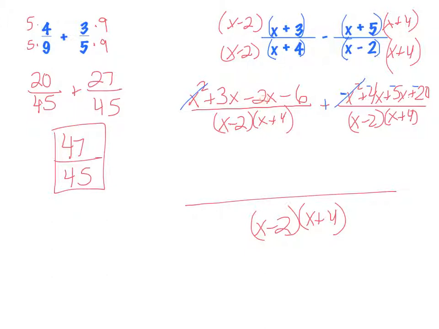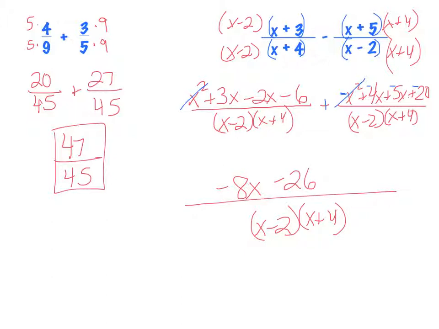That's a 1x. I have a negative 4x. Now I'm to negative 3x. And another 5x. That's a negative 8x. So when I combine all of the x's, I end up with a negative 8x. And then as far as numbers, I have this negative 6 and this negative 20. So that's going to be negative 26.